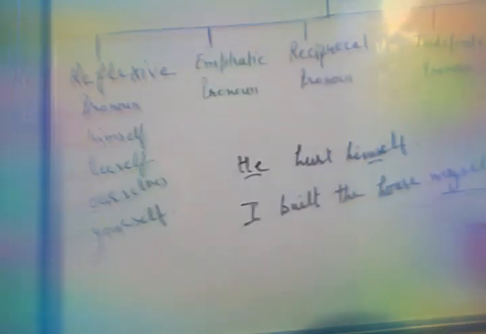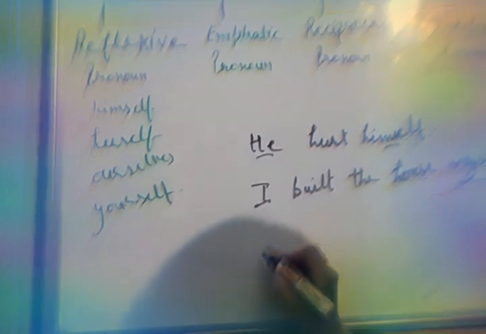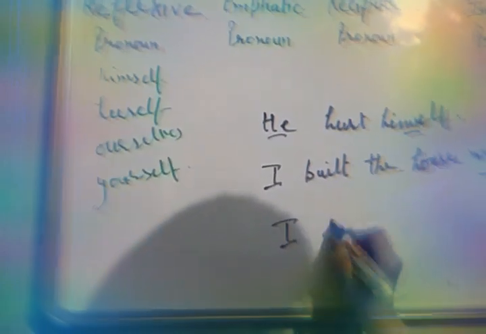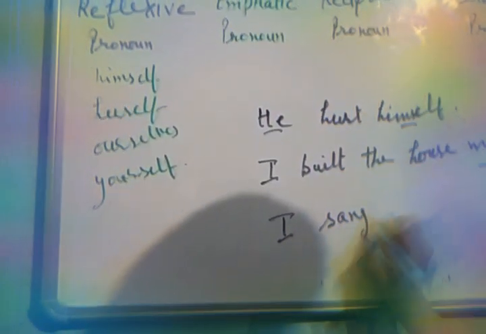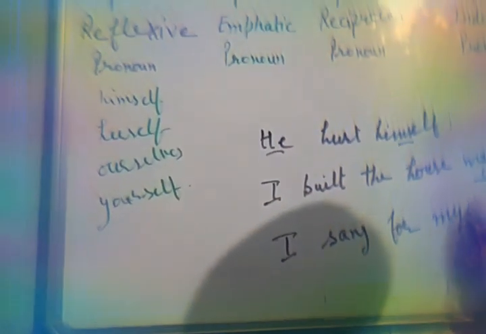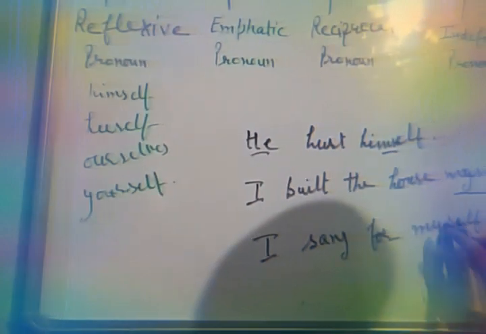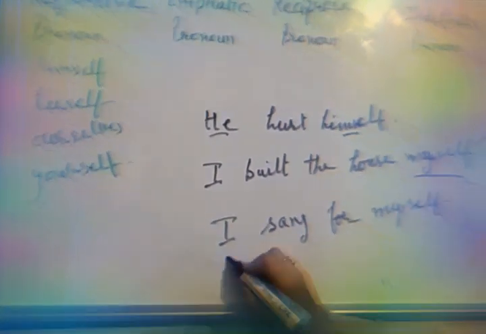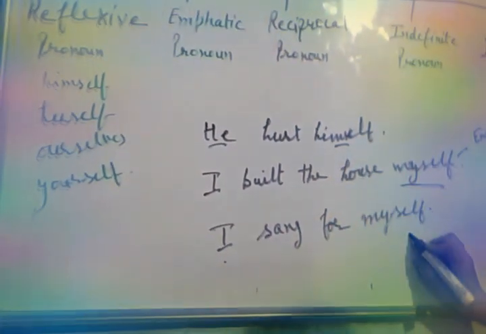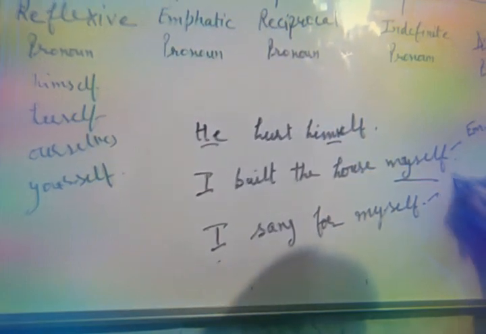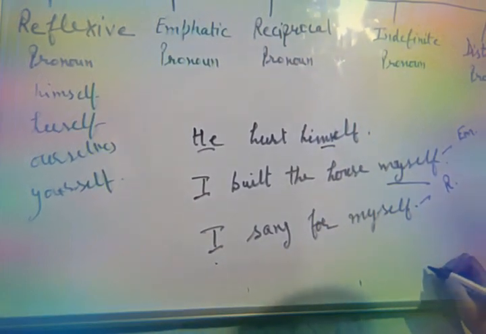It is emphatic pronoun. If I say, I sang for myself. In this sentence, I am the doer of the action and I am the receiver of the action. Again, it is reflexive pronoun.